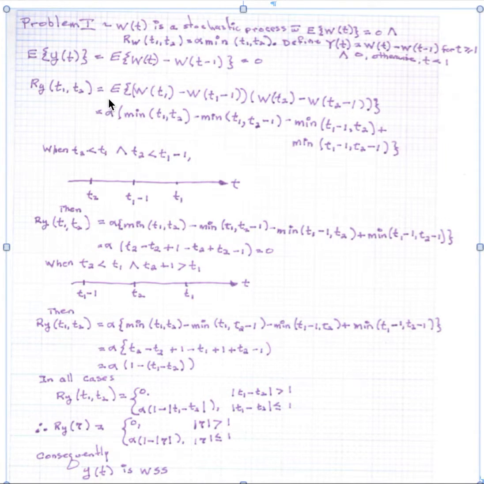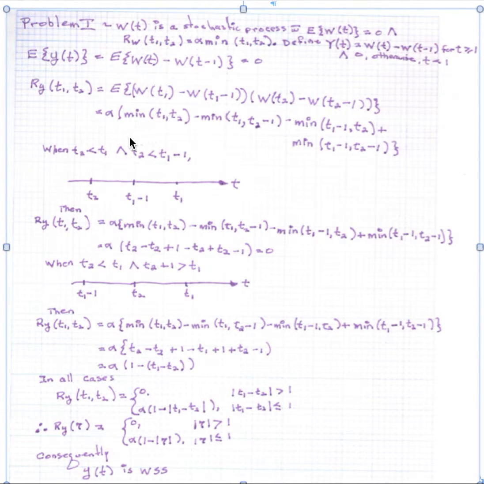Now for R_Y(T1, T2), this is equal to the expected value of W(T1) minus W(T1 minus 1), times W(T2) minus W(T2 minus 1).